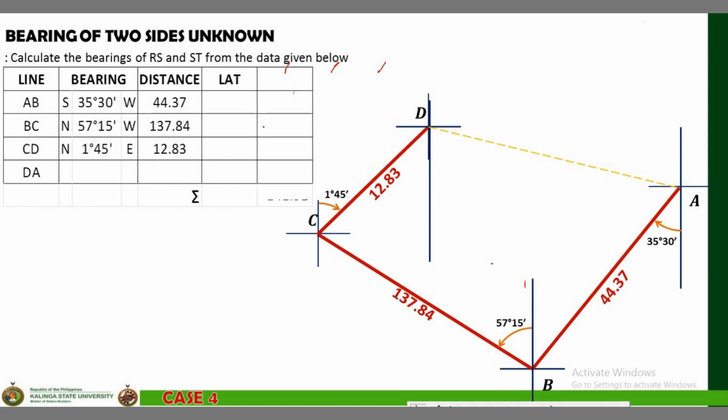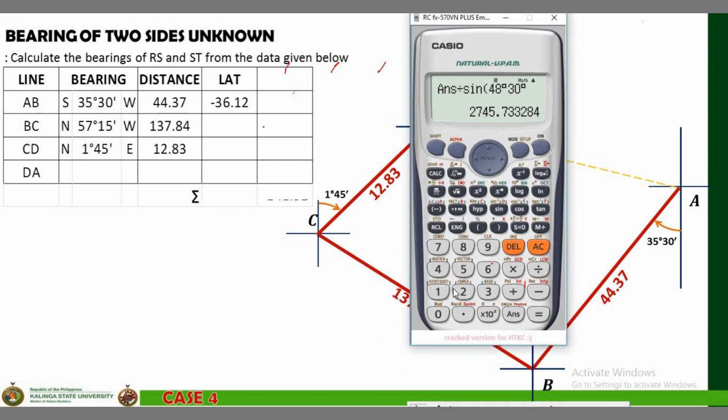The latitude of AB is equal to negative 36.12. How do we get the latitude? That is simply 44.37 multiplied by the cosine of 35 degrees 30 minutes, which is equal to 36.12. Why negative? Because our bearing is south.